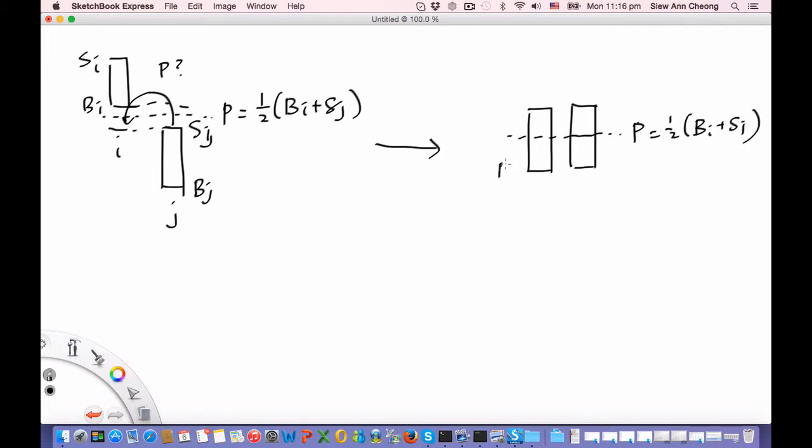So this is the new price: BI prime, SI prime, and this is BJ prime and SJ prime. So traders I and J will revise their reserve prices for buying and selling such that the midpoint agrees with the new price of the transaction.